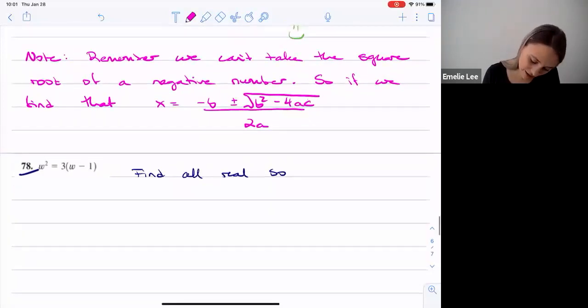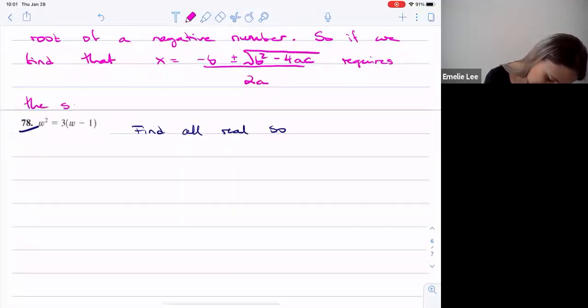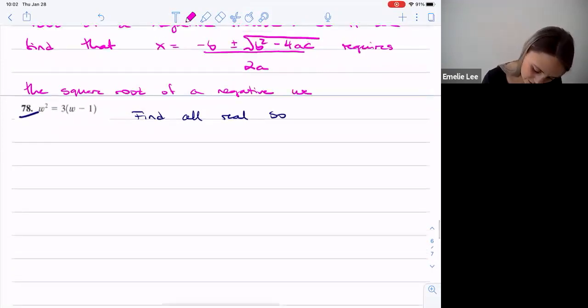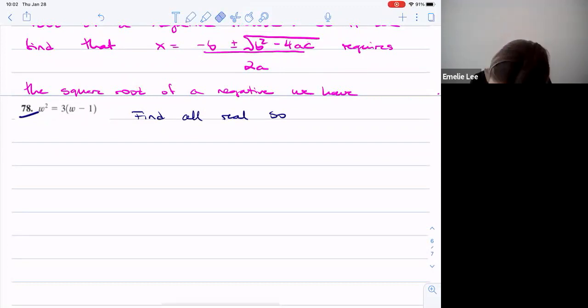So if we find that x equals negative b plus minus the square root of b squared minus 4ac over 2a requires the square root of a negative, we have no solutions.